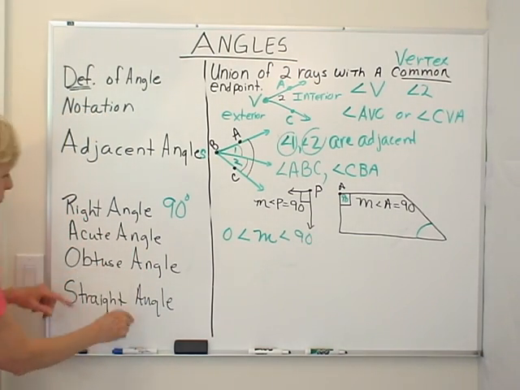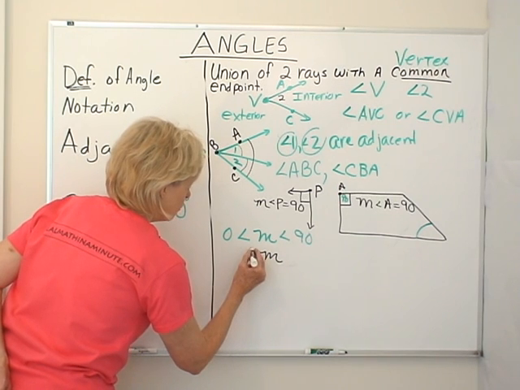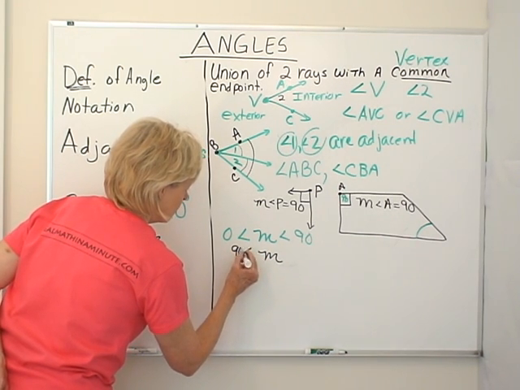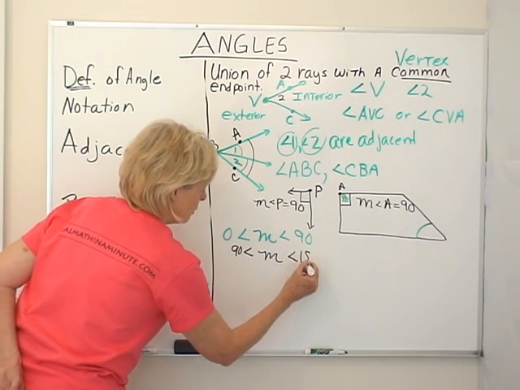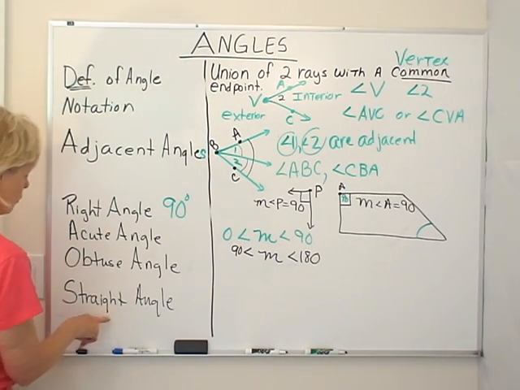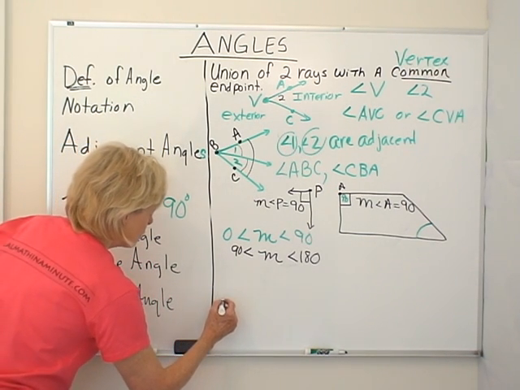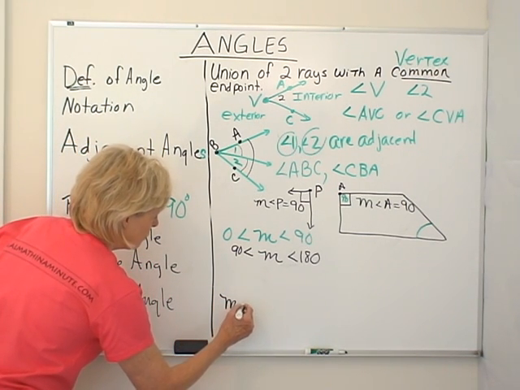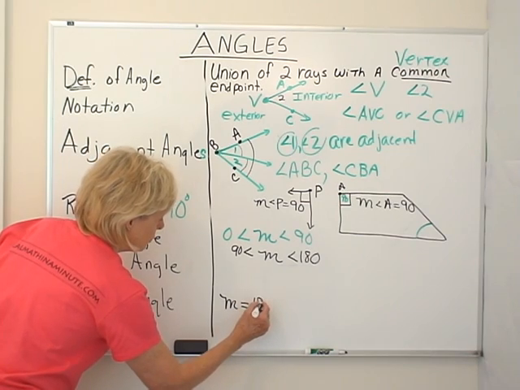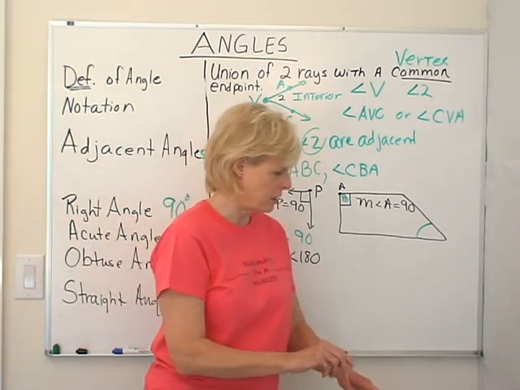An obtuse angle is an angle that has a measure that is greater than 90 and less than 180 degrees. And before we go any further, I want to define a straight angle. The measure of a straight angle is equal to 180 degrees. So let's talk about that.